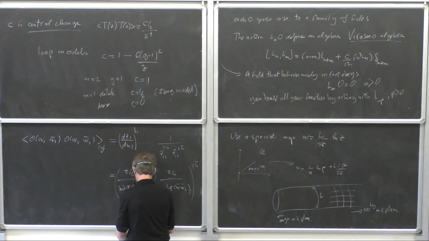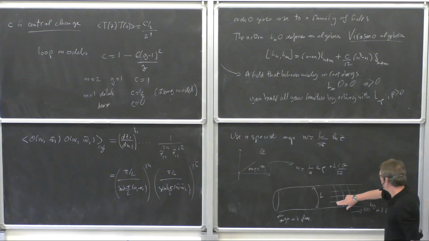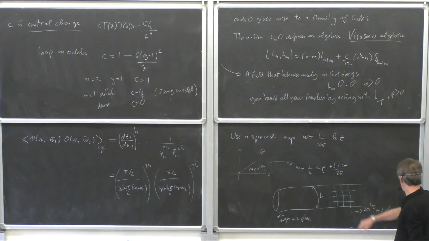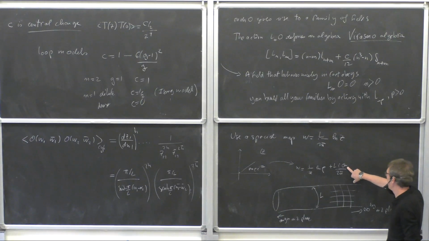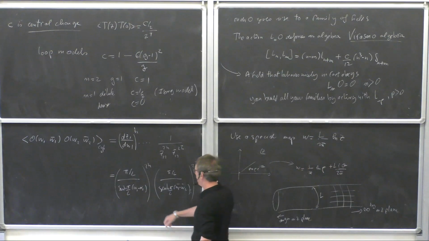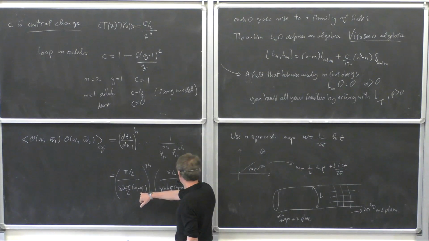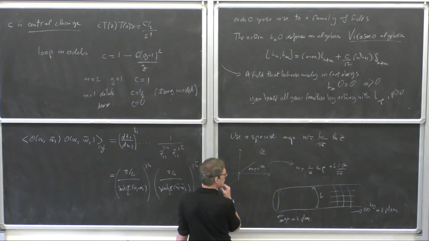So that's reasonable. Point number 2, if theta goes to theta plus 2 pi, W goes to W plus IL. If W goes to W plus IL, I hope I'm not having, yeah, this should be invariant.